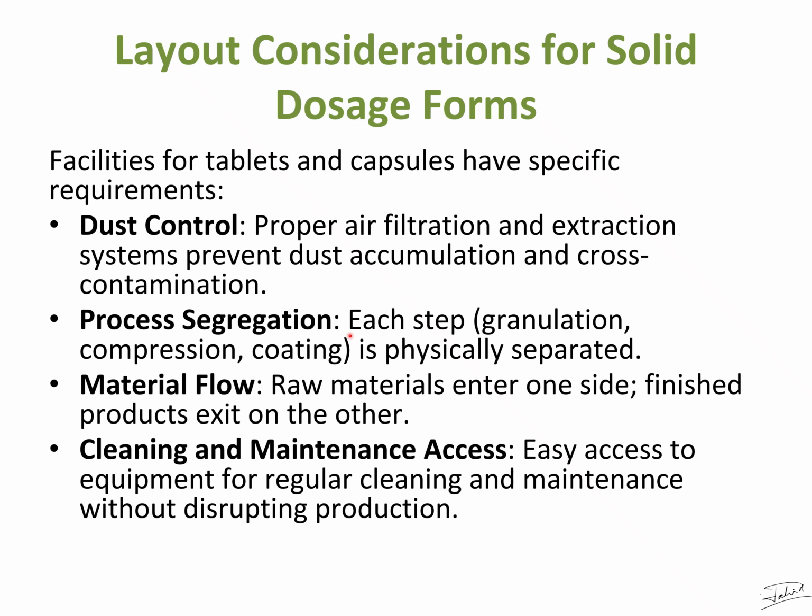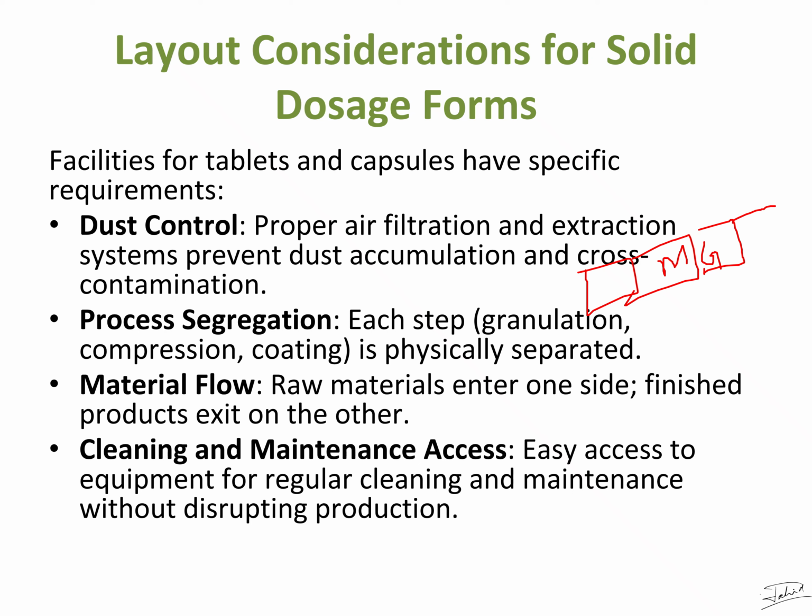Then process segregation. Each step is physically separated, like granulation, compression, coating, and every operation is done in a different room. But these rooms are very much attached to one another. For example, in this room we do the blending, in this room we do mixing, in this room we do the granulation.